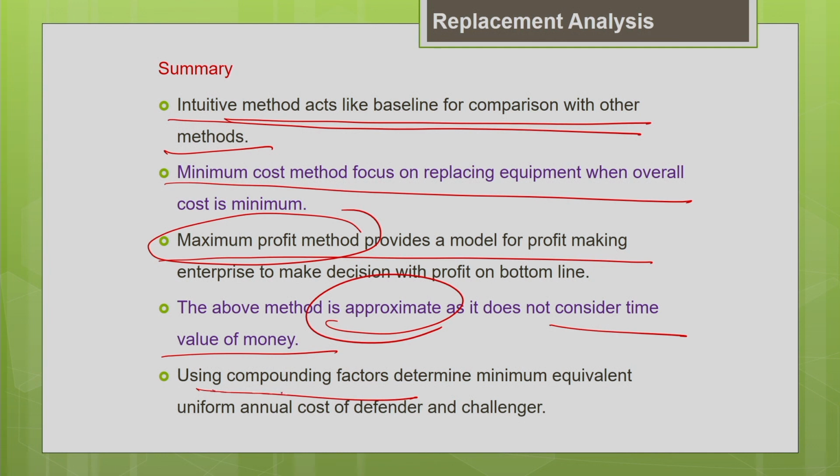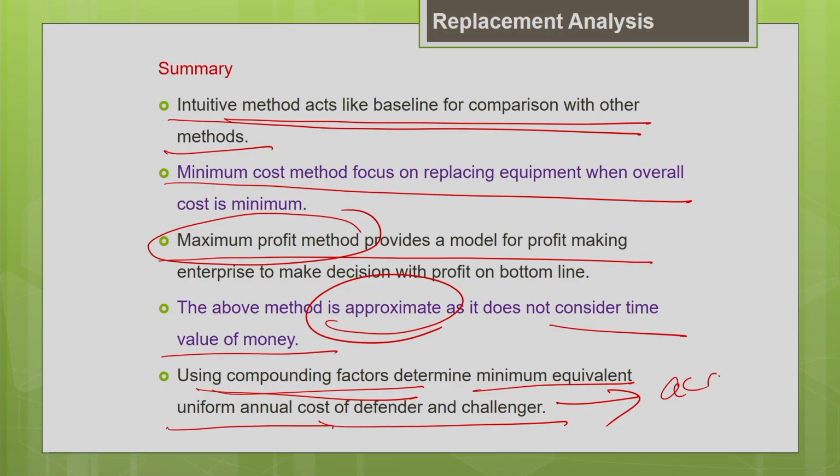Using compounding factors, we will determine the minimum equivalent uniform annual cost of the defender and challenger, make the comparison and do the replacement analysis. That will give you an accurate estimate, more accurate than the previous methods. In the next lecture we are going to discuss replacement analysis using the time value concept.